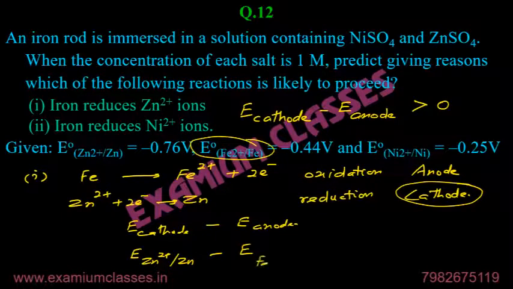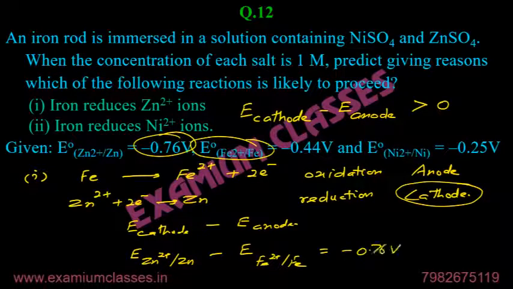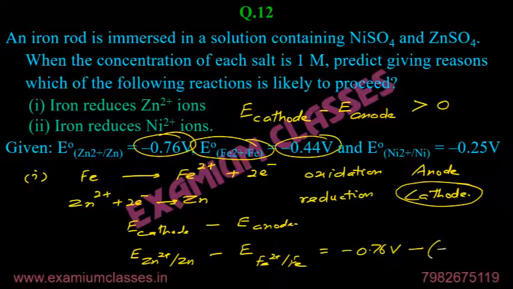Fe2+/Fe. So we need to calculate the value of E cathode minus E anode, which will be E of Zn2+, that is minus 0.76 volt, minus E anode, that is iron, minus 0.44 volt.